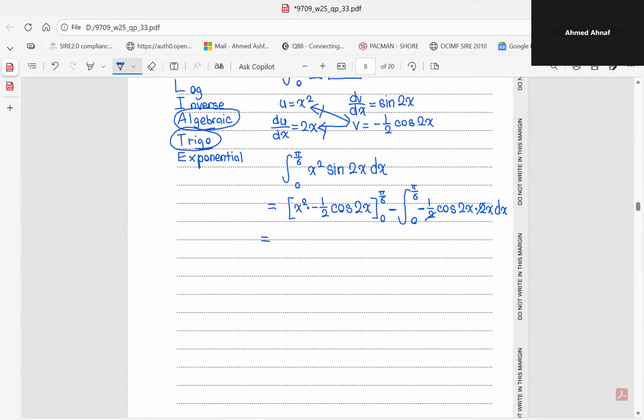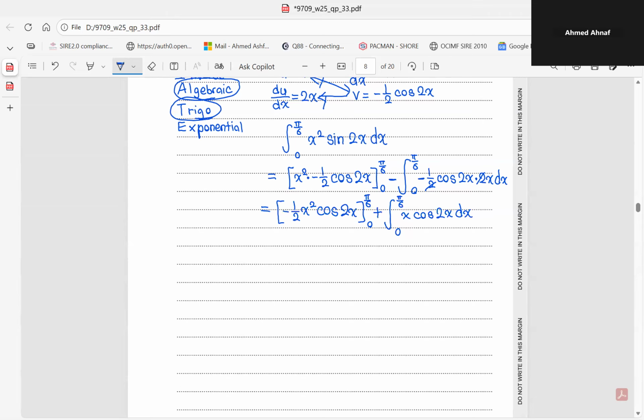Let's simplify everything in the brackets. This one is minus half x squared cos 2x, from pi over 6 to 0. The negative sign we can bring outside, then this becomes plus the integral from 0 to pi over 6 of x times cosine 2x dx.